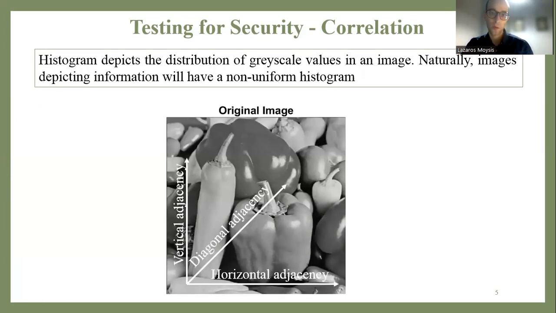Now, for adjacent pixels, they usually consider 3 directions. They consider horizontal adjacency, vertical adjacency, and they also consider diagonal adjacency. And we are testing the correlation for all these 3 sets of pixels. And for all these cases, we want the same result. We want the encrypted image to have a correlation in all 3 cases close to 0.